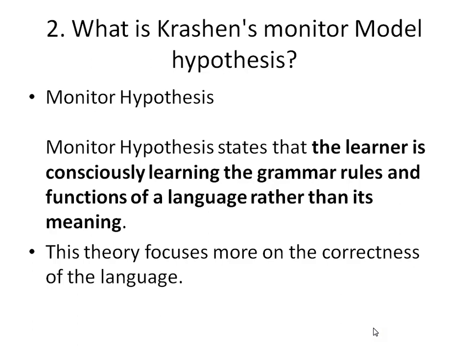So the learner himself or herself monitors the grammar rules of the target language, and that is the learner's spontaneous criteria, and that is the monitor hypothesis of Stephen D. Krashen. That means the learner himself monitors his or her grammatical rules.